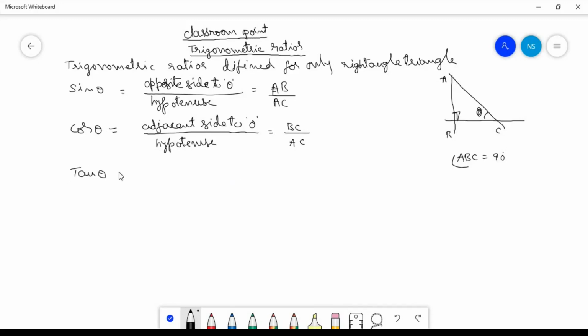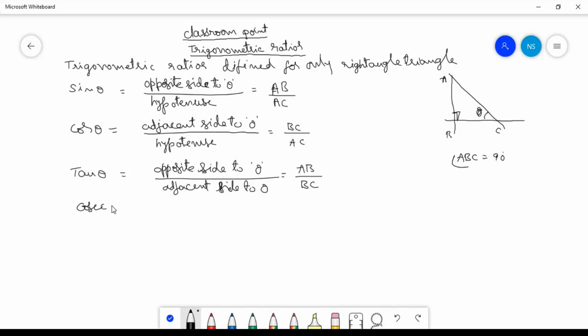Now tan theta is equal to opposite side to theta by adjacent side to theta. Opposite side to theta is AB, by adjacent side to theta BC.